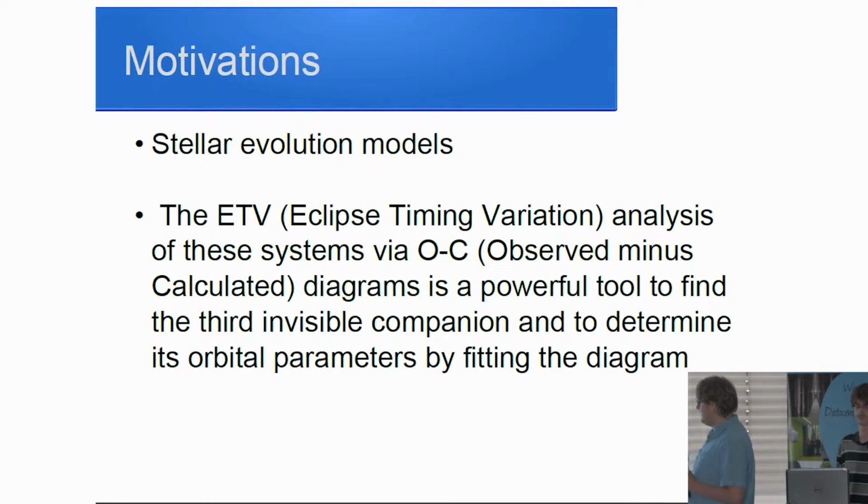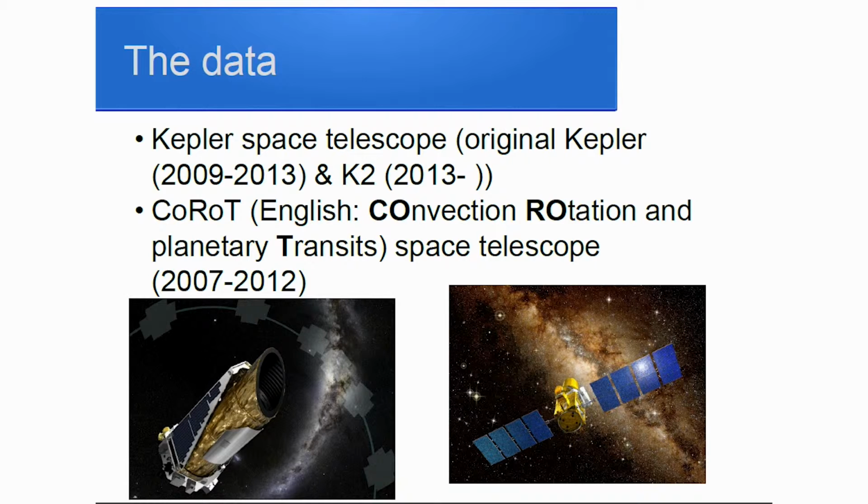And if we fit these O minus C diagrams, we can get information about the outer orbit's period, the eccentricity, and the separation of the binary and the third companion.